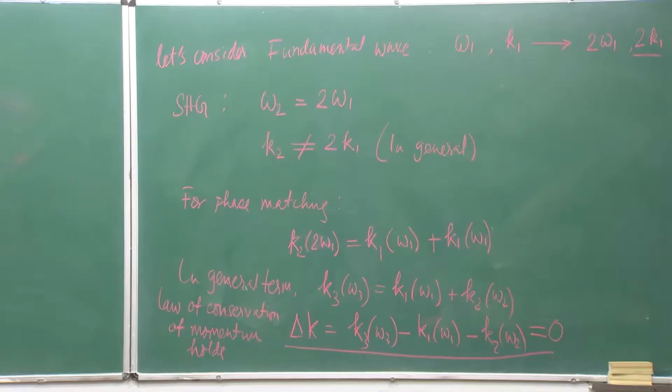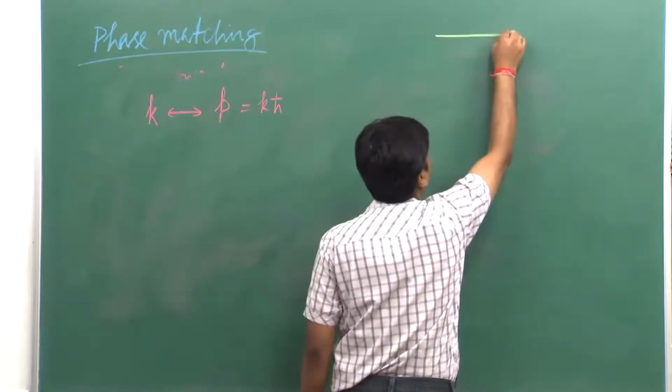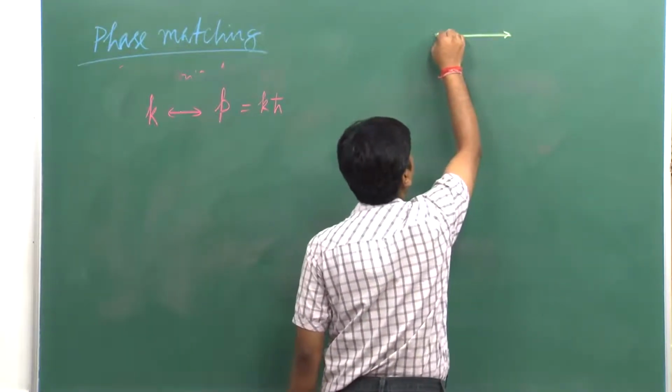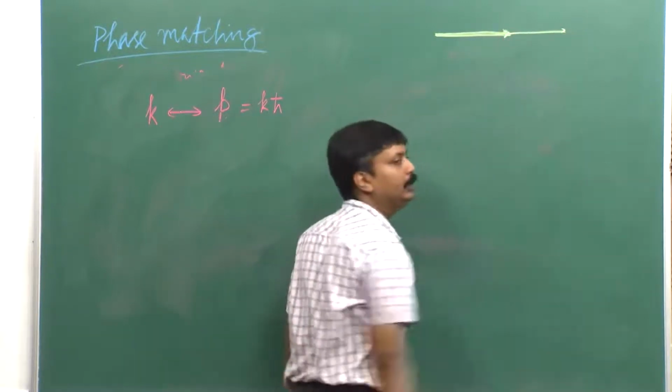So, if I consider this process of wave mixing happening in a collinear geometry, that is my wavelength 1 is coming in the same direction, this one is also coming in this direction, and the outgoing light is going in this direction.